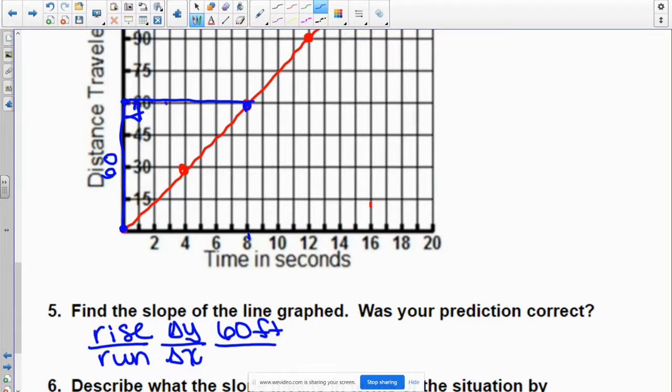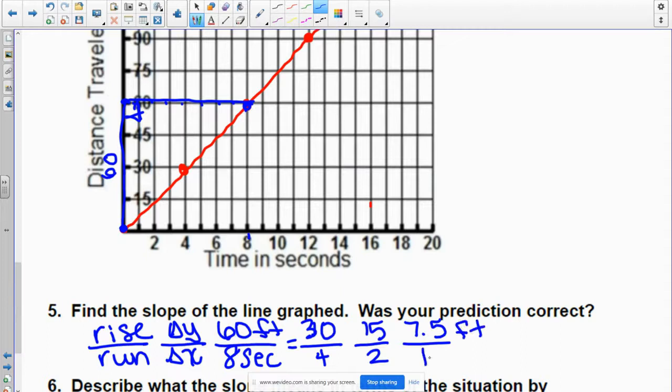So 1, 2, 3, 4, 5, 6, 7, and 8 seconds, which I could sit and reduce. Let's just divide them into halves. So that would be 30 feet in 4 seconds, 15 feet in 2 seconds, or as we've known, since we've done this now, this will be the third time, 7.5 feet in 1 second.